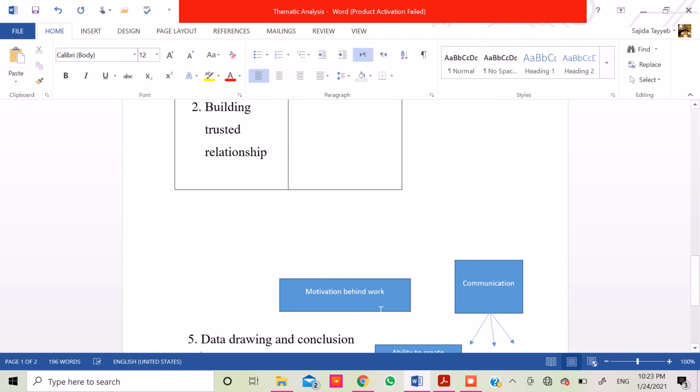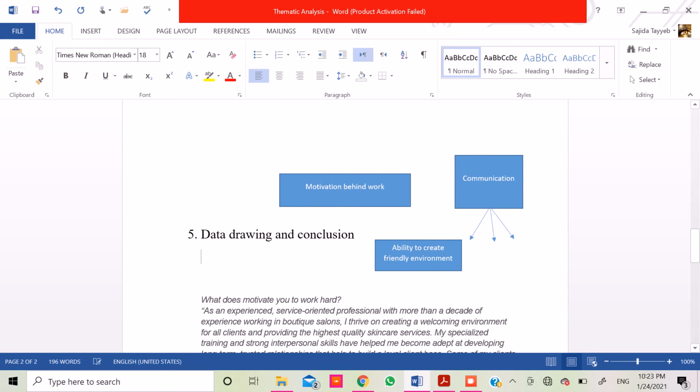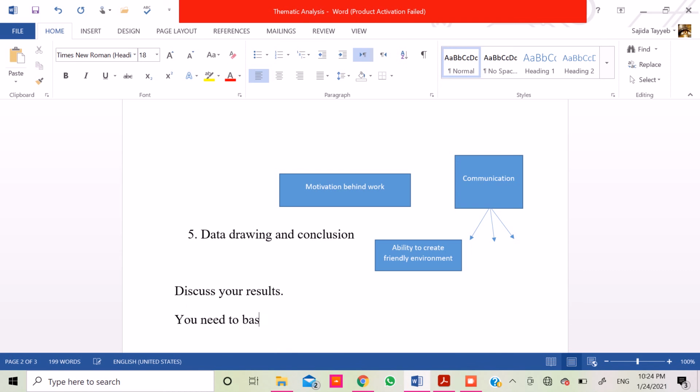Then we have the data drawing and conclusion. As the name suggests, now is the time to discuss your results. In the discussion part, what you need to do is basically relate your research findings, also called general themes, with other research papers.